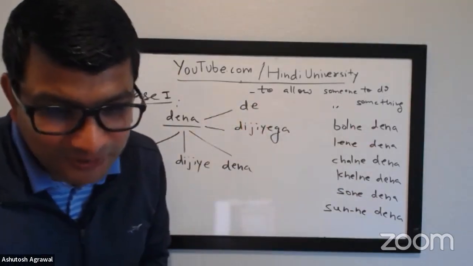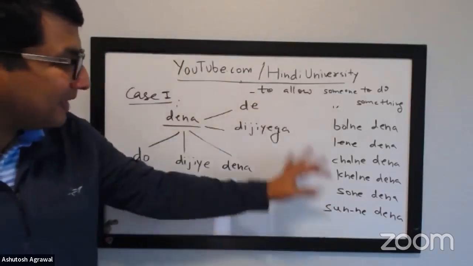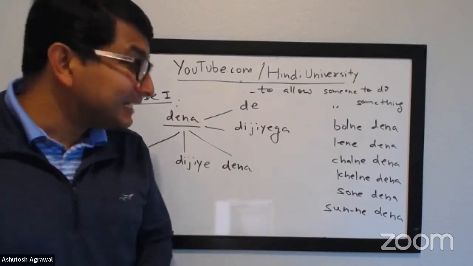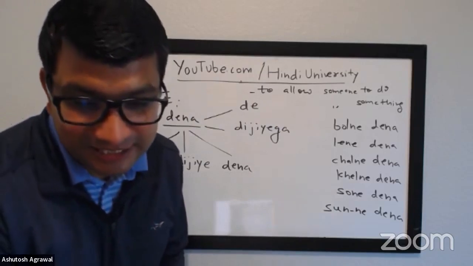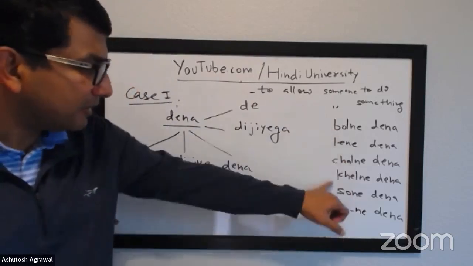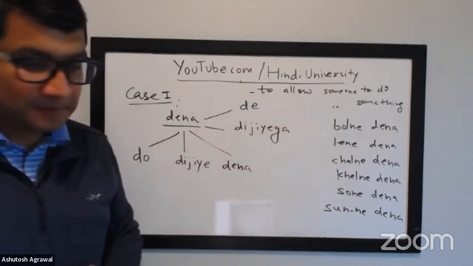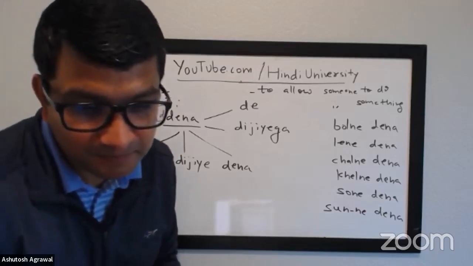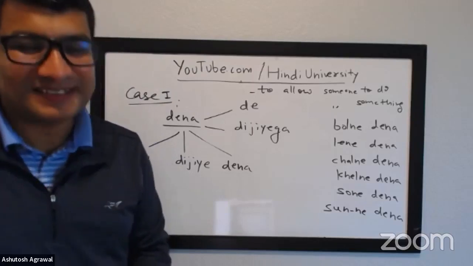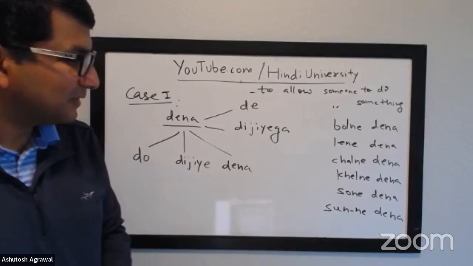Let's see, Sunita ji, how are you doing? Take any of the verbs and use any of the imperatives. Lene dijiye. Lene dijiye. Very good, very good. Andreas ji, you want to try it out? Take any verb and any of these forms.